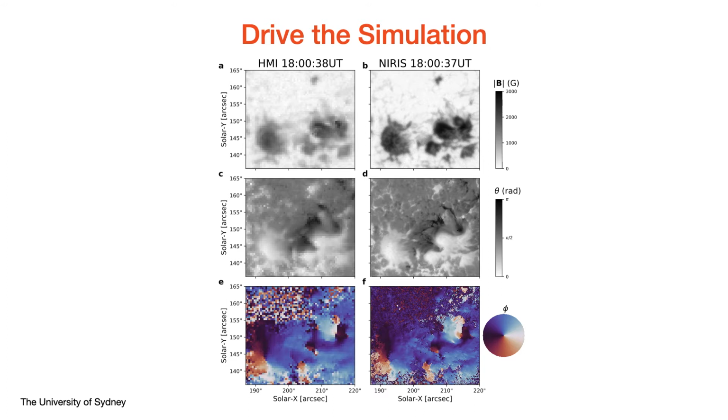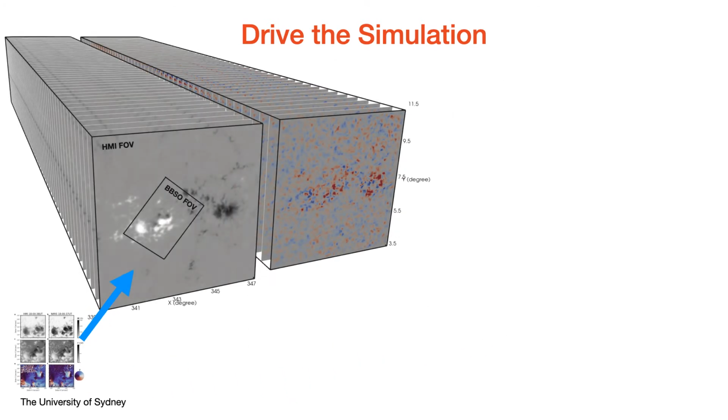Of course, the NIRIS results show much more detailed structures than the HMI data. The resolution of the NIRIS data is about 70 kilometers per pixel. We inverted all the NIRIS data and embedded them into the HMI data in a much larger region that could cover the entire active region.